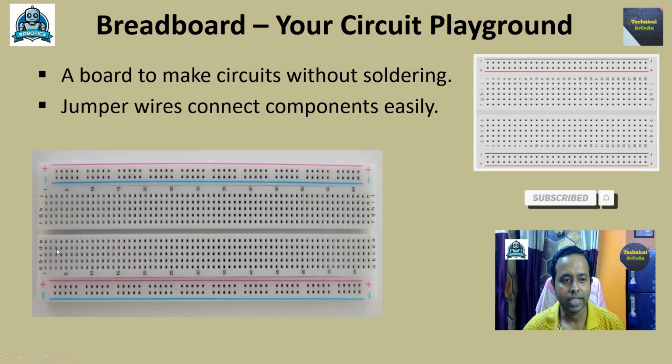And these other sections are connected column-wise, right? So keep in mind the inner structure of this breadboard. We can build our electronic circuits accordingly, according to our need, right? So this is the physical breadboard, and this is the breadboard which is used in Tinkercad, right?